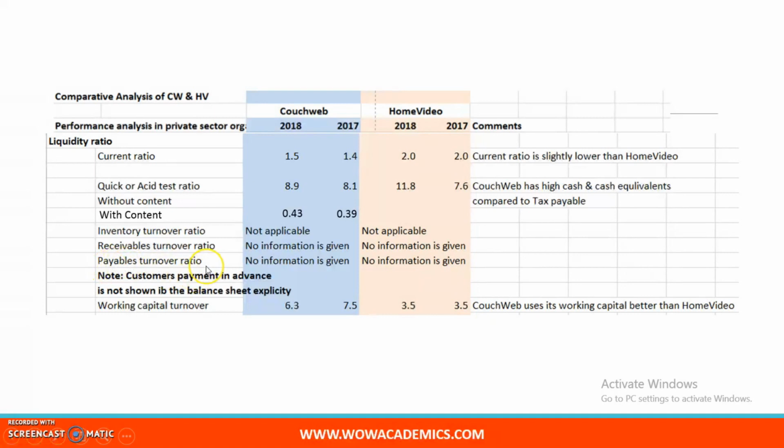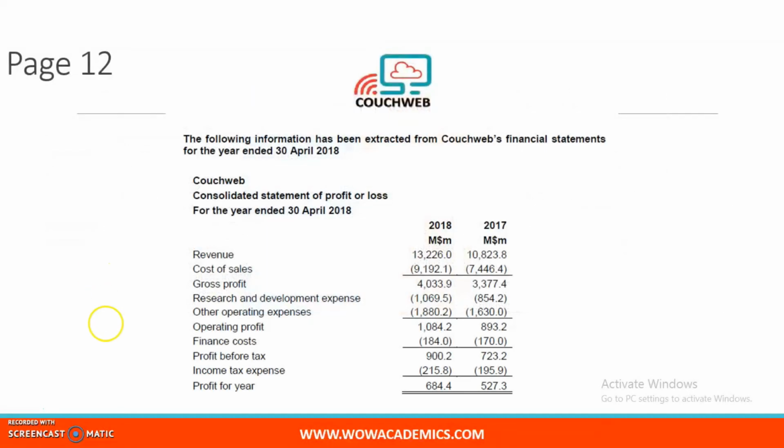We'll move on to the payables. You might compute the payables turnover ratio, but again I'm not sure whether you will get correct data on how long the company takes to pay cash for their content. So how can you compute it? If you want, you can compute it by yourself. How do you do it? Very simple. You can only take it roughly. Cost of sales, you can assume to be the content, so this is the purchase.